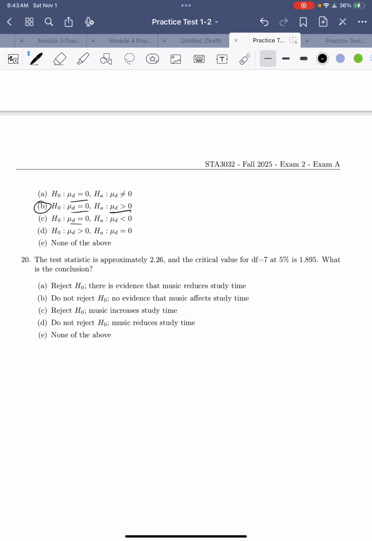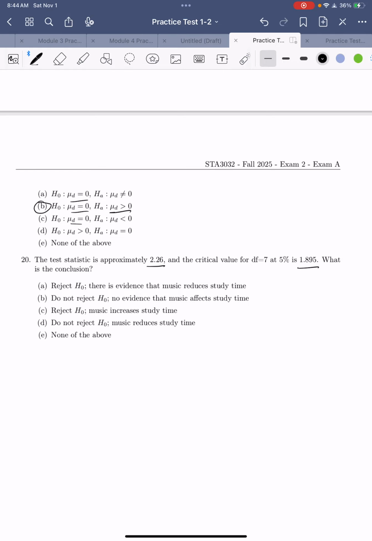So they say the test statistic is approximately 2.26, and the critical value for degrees of freedom equal to 7 at 5% is 1.89, and so what is the conclusion? So we don't even need to calculate anything since we already have our test statistic and our critical value. And so we can either calculate our p-value with our test statistic or just compare the critical values.